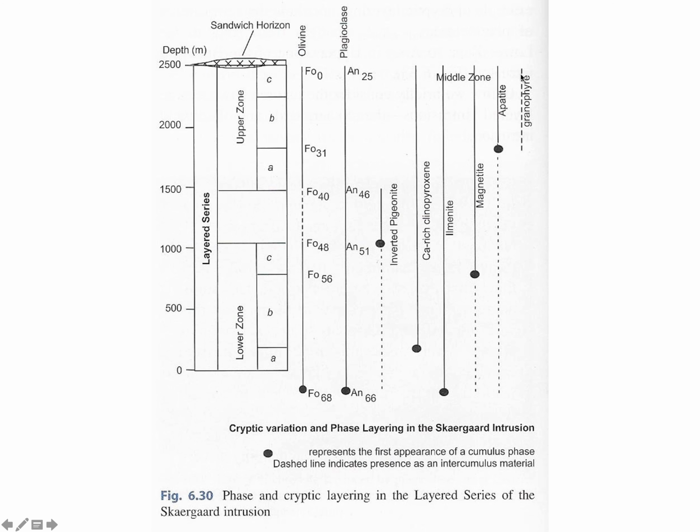So here we have this layered intrusion, and in the Skaergaard intrusion we can observe a cryptic layering in the layered series. And on this diagram we can also see the chemical variation of our minerals inside.